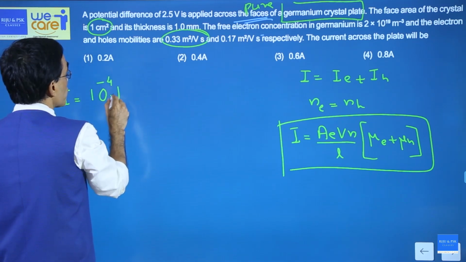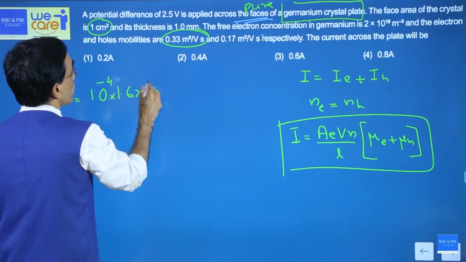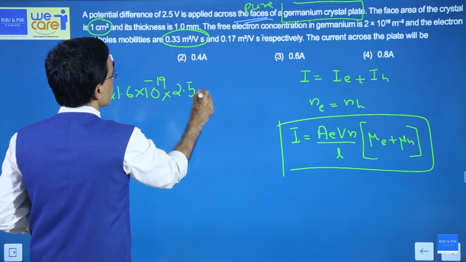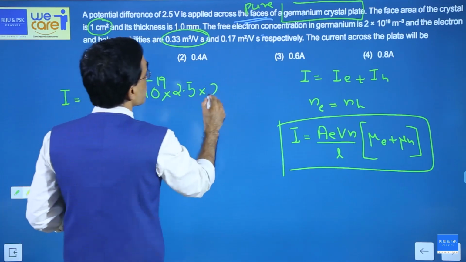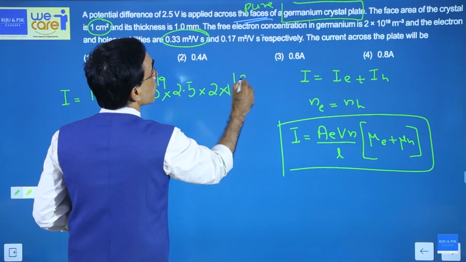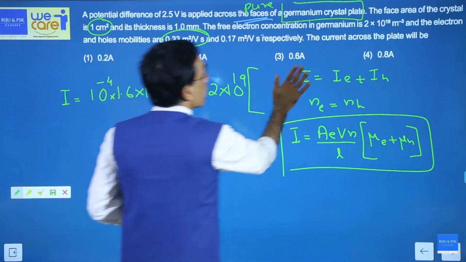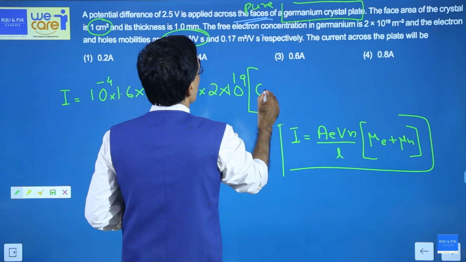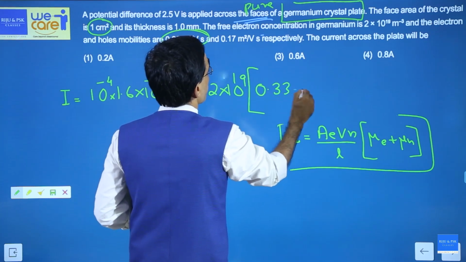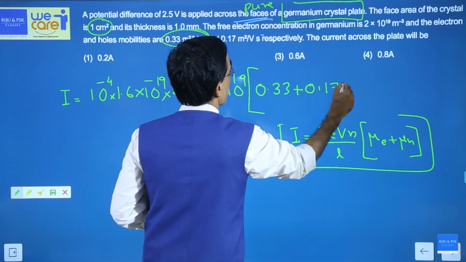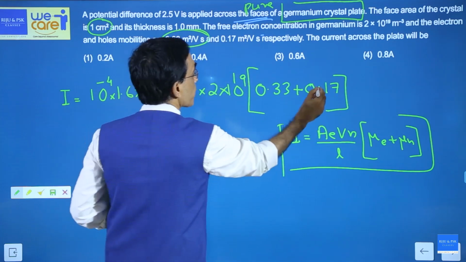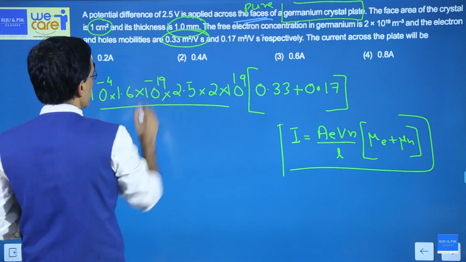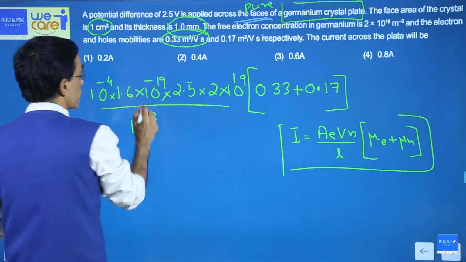Charge of the electron is 1.6 into 10 to the power minus 19, into potential difference applied is 2.5, into number density is given as 2 into 10 to the power 19, bracket mu E plus mu H, it's given 0.33 SI unit, 0.33 plus 0.17, divided by length, the thickness, which is 10 to the power minus 3 meter.